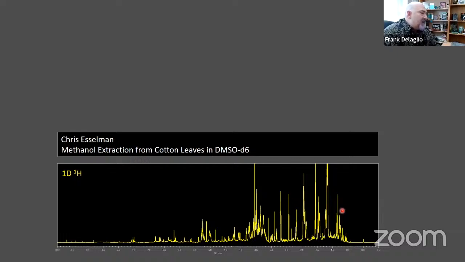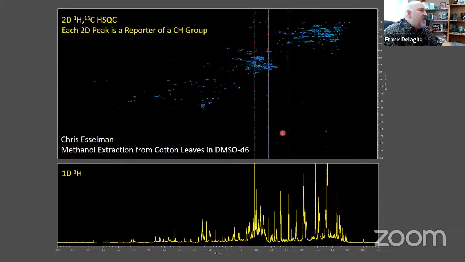For example, we can make a two-dimensional experiment that we call a two-dimensional heteronuclear single quantum experiment. And in this experiment, we modulate each hydrogen signal by the frequency of the carbon atom that that atom is attached to.